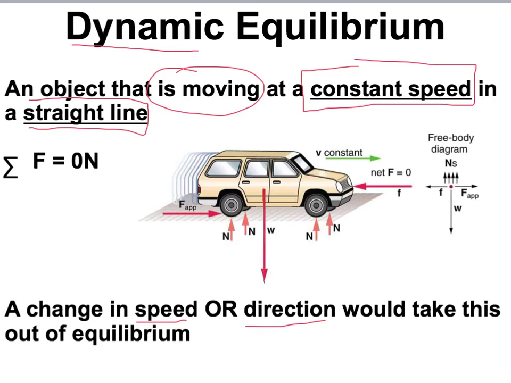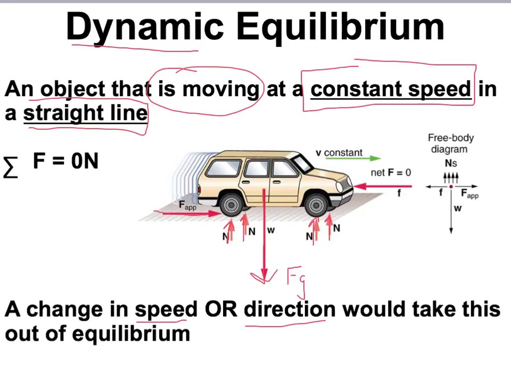Here you have the biggest force at play, and that's the force of gravity, or the weight pulling the car down to the road. Since the car's tires are being supported by the road, you have normal forces at each of the tires. The push up from these normal forces combined together is equal to the pull down from gravity.